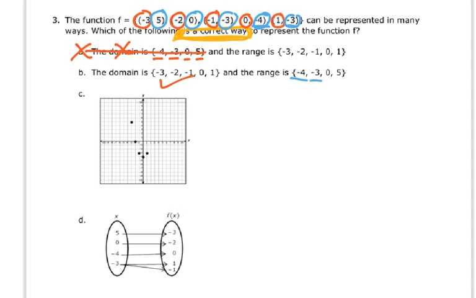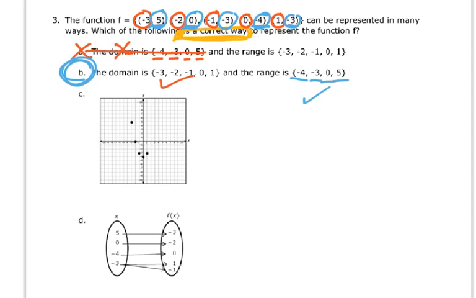Negative 3, yes. 0, yes. 5, yes, absolutely. All of those numbers are in the y values. So this has to be the correct answer. If we graphed all of these ordered pairs on my graph, left 3, up 5, left 2, 0, left 1, down 3, 0, negative 4, 1, negative 3.